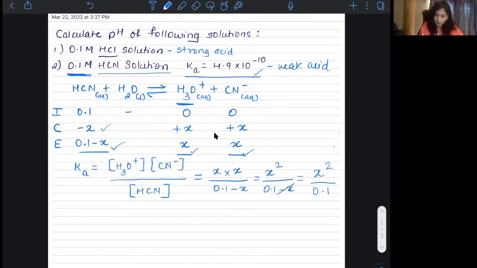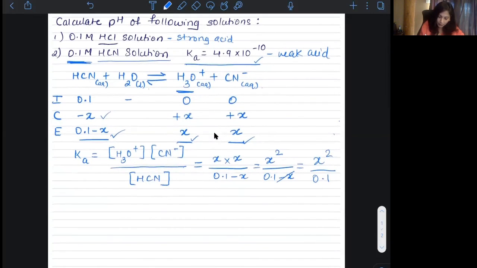Now I'm going to just substitute the Ka value, which is 4.9 times 10 to the negative 10, equal to x squared divided by 0.1.